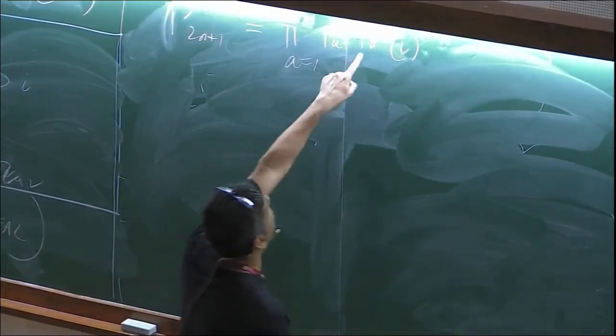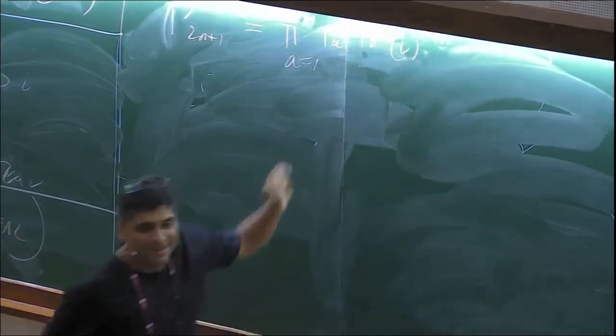Why? Because we need gamma 2n plus 1 to square to 1. The old matrix did it, so we'll keep it the old matrix. But the old matrix had an I to the power n, and this gamma 0, with my conventions, plus 1.